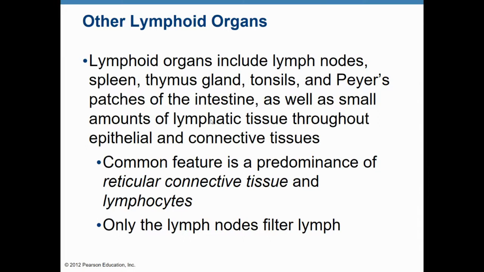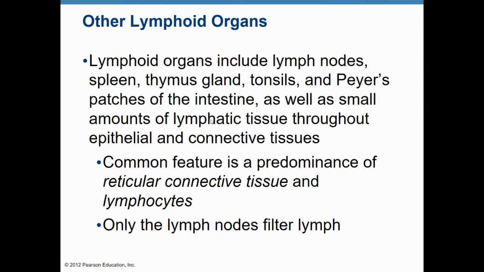A common feature of lymphoid tissue is a predominance of reticular connective tissue. Remember when we did histology and we looked at lymphatic tissue pictures underneath the microscope, and it's the one that looks like the cherry blossom trees? That is going to be those reticular fibers.